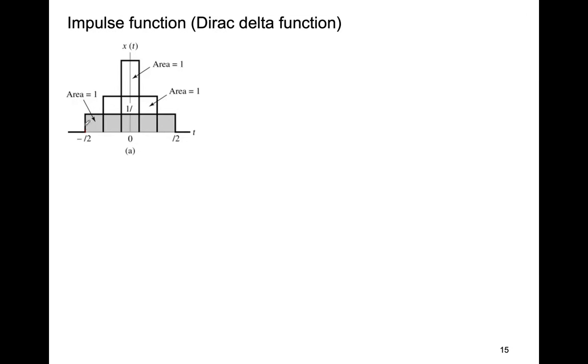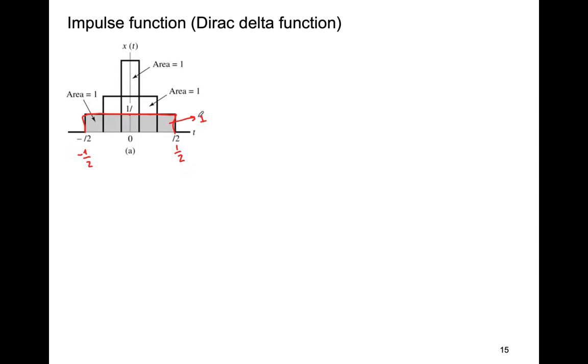If we have a rectangular pulse like this, which goes from minus 1/2 seconds to 1/2 seconds, and the amplitude is 1, the area under this gray zone will be 1.